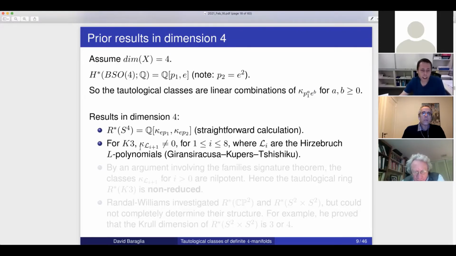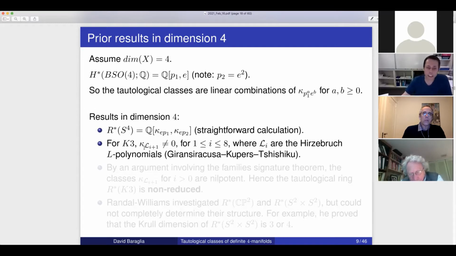For K3, there's this result of Giansiracusa, Kupers, and Tshishiku. Basically, you look at the Hirzebruch L polynomials, and then you take the corresponding tautological classes where i is in the range 1 to 8.